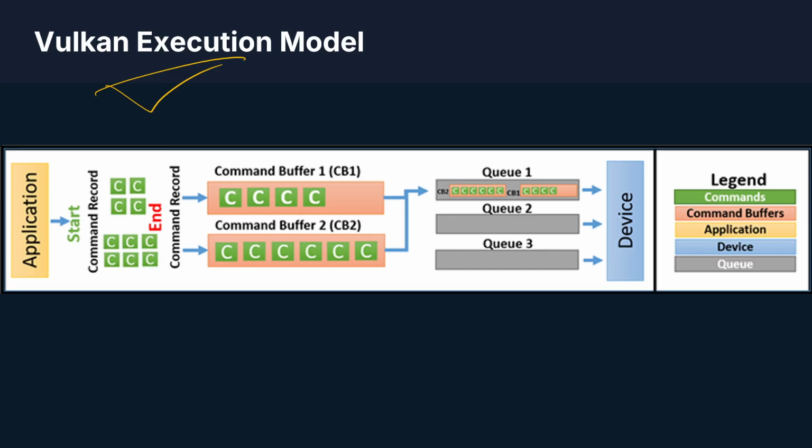The picture that you see on your screen is what we call the Vulkan execution model. This shows how Vulkan works internally. This diagram is very important, so spend some time on it. It will give you a mental model of how Vulkan works.